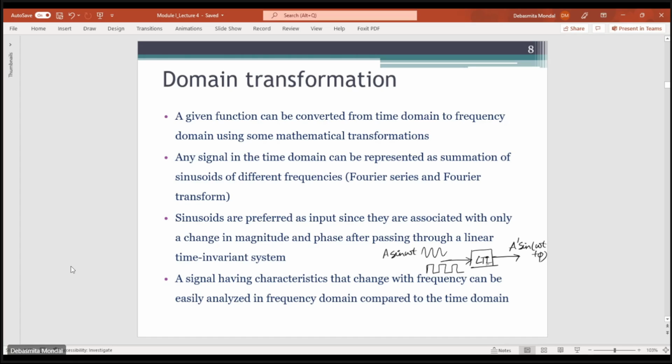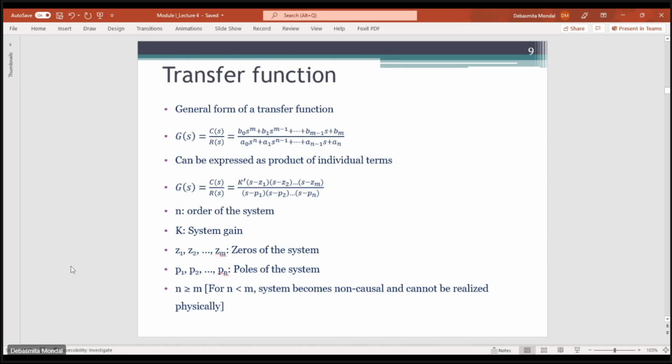Depending on what kind of analysis you are doing and what input-output relationship is provided, you can either deal in the time domain, where you represent the system in a differential equation model and then analyze it, or you can move to the frequency domain, where you represent the system as a transfer function in the Laplace domain and analyze it from there.